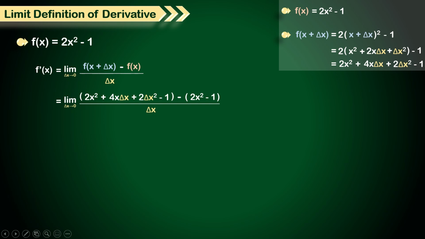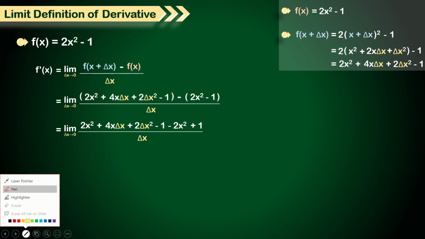Remove grouping symbols. We have the limit of 2x squared plus 4x delta x plus 2 delta x squared minus 1 minus 2x squared plus 1 over delta x as delta x approaches 0.